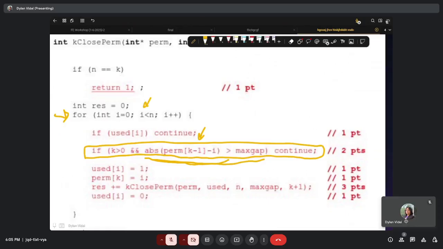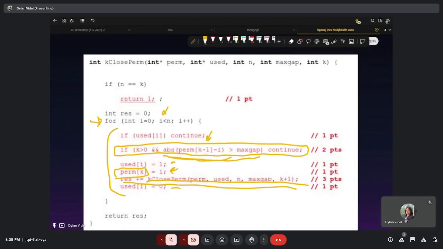We're not going to use this as one of our fixed elements. And then this is basically the exact same thing I just showed you. Again, we fix it, we call the solution, we take it out. See how that kind of works? And when I say we place it, we're putting it in this array. The reason we're adding it up is that it's asking us to find the number of close permutations we have. So if we reach all the way to the end of a permutation, that means we found one valid permutation and we add it to our return.